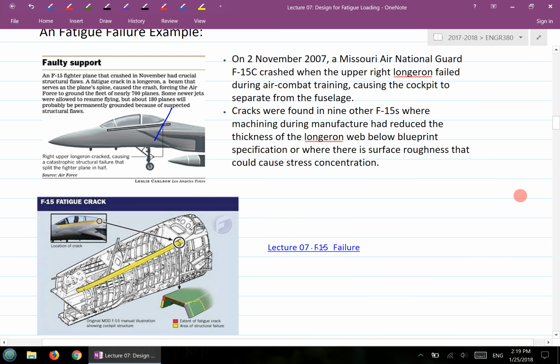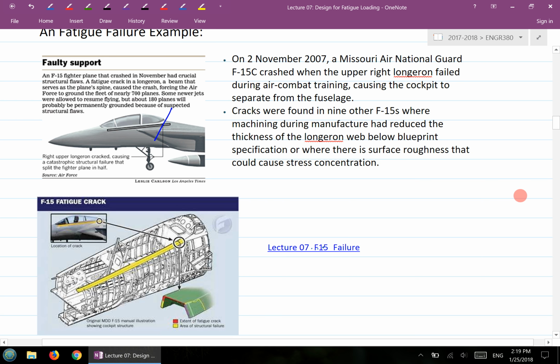Fatigue failure is a very dangerous phenomenon. The reason is it's not like static loading. For static loading, you will see it yields. But fatigue loading happens very suddenly, and it doesn't show.